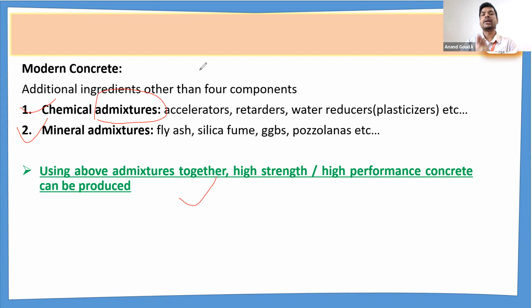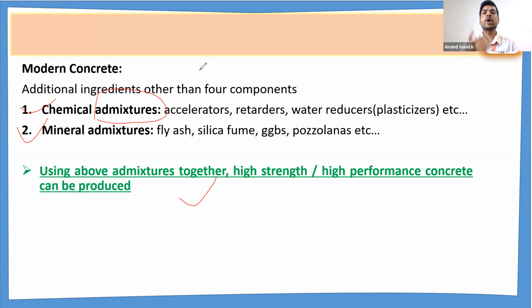Admixture is a material which is added to the concrete to improve the performance or to improve the properties of concrete. That's it, very simple. It is an extra material added to normal concrete to improve the performance or the strength.